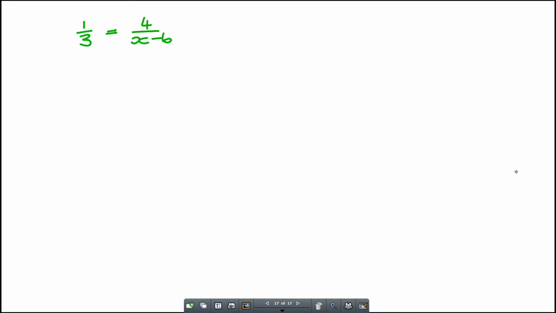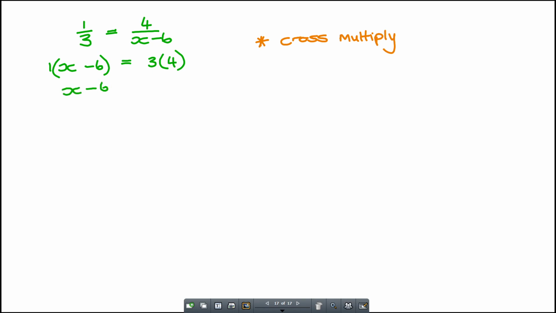Is julle reg? So skryf miskien net daar vir jou langs dit. Cross multiply. Met ander woorde, 1 maal x minus 6 is gelyk aan 3 maal met die 4. You don't have to write that step, you can skip directly to saying x minus 6 will be equal to 12.